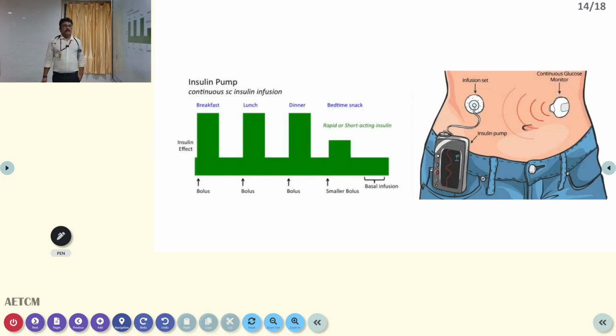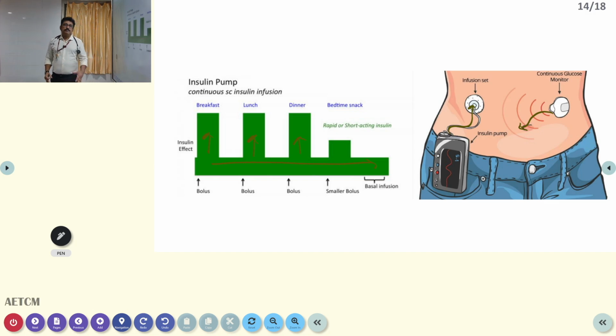Now, another important thing in insulin therapies: insulin pumps are available now. This insulin pump continuously gives insulin through its port, and the blood sugar will be taken here. Continuous glucose monitoring occurs, and depending on the glucose monitoring, sometimes the pump can give a higher dose of insulin, but throughout the day it gives a normal basal infusion.